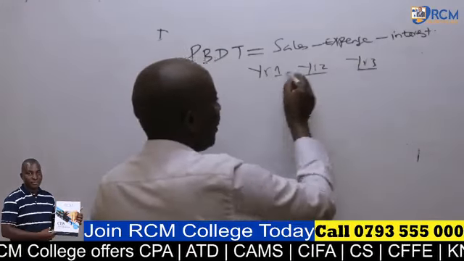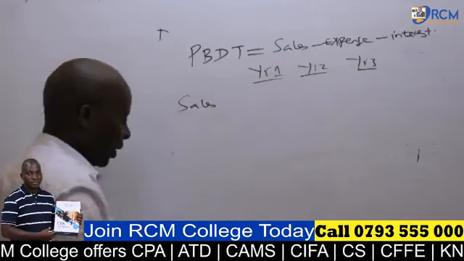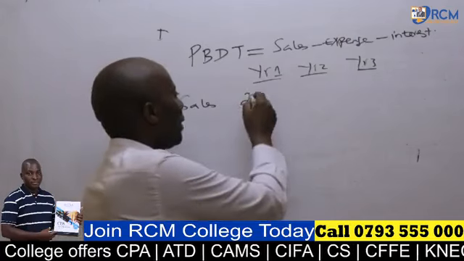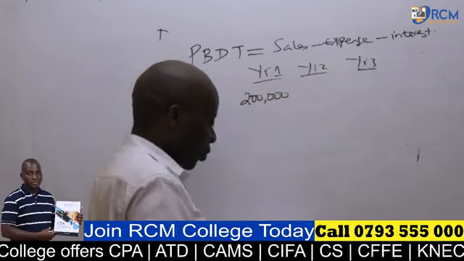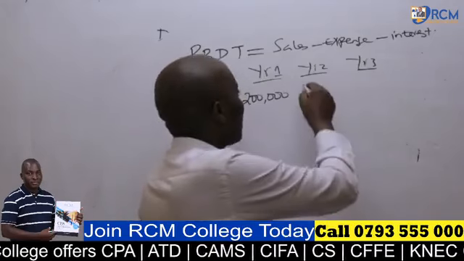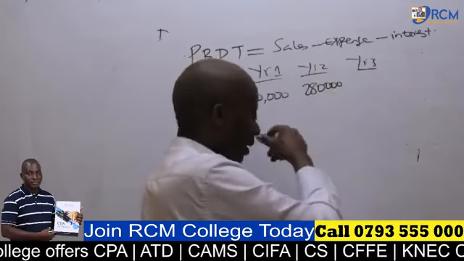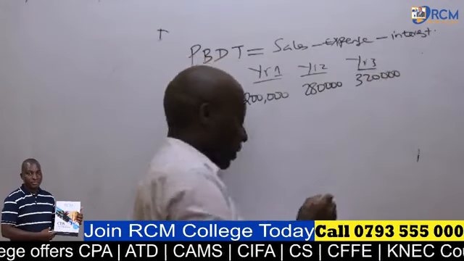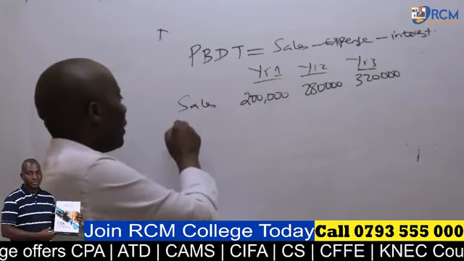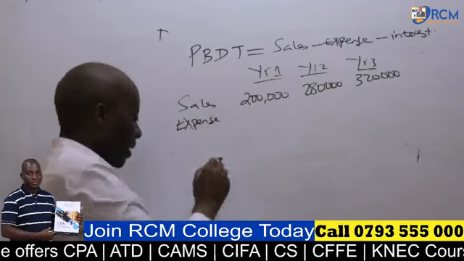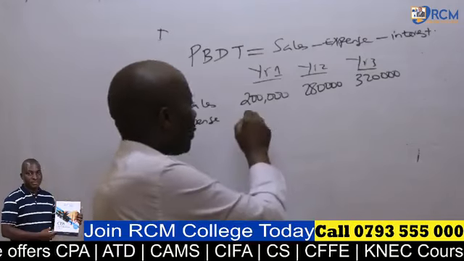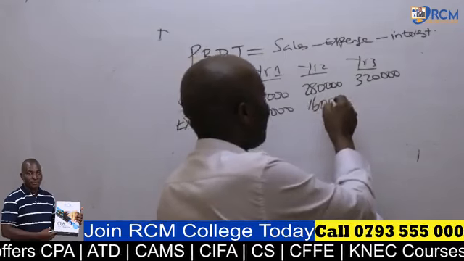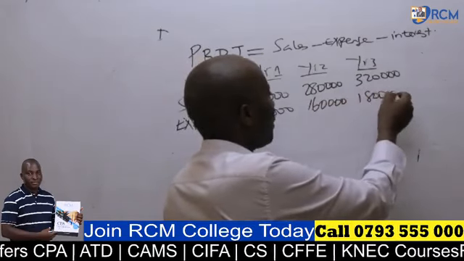So we have sales for year 1, I can see it's 200,000. Year 2, we have 280,000. Year 3, what do we have here? 320,000. Now, ladies and gentlemen, from there we have expenses, the cash expenses: 120,000, 160,000, 180,000.